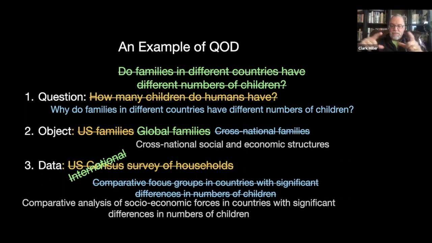So again, QOD align. We're still asking the question, why do families in different countries have different numbers of children? But now we're looking for a different kind of answer because we're looking at a different object of study. Instead of wanting to know how the family is making choices, we're now interested in what are the deep structures of the society and the economy and how those influence human behavior, right?